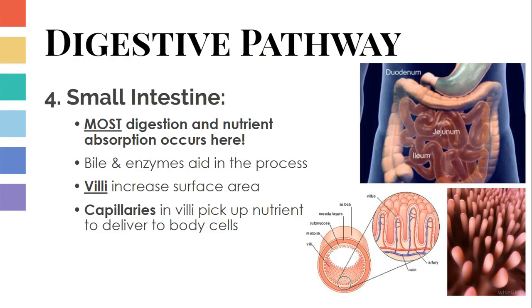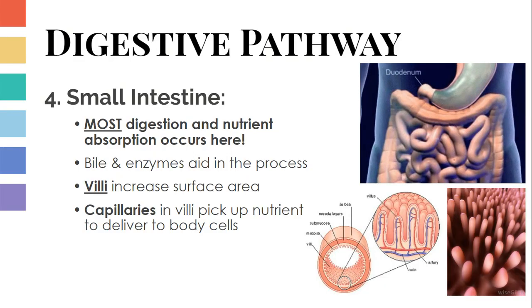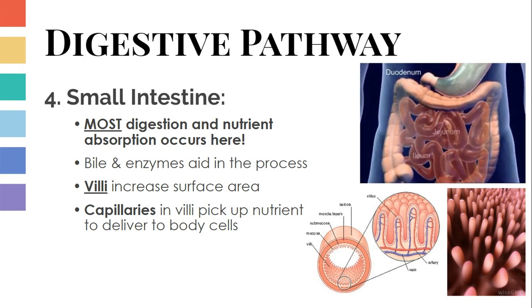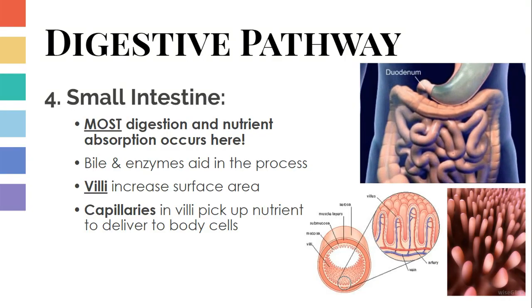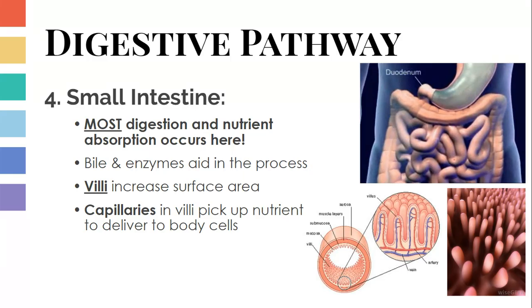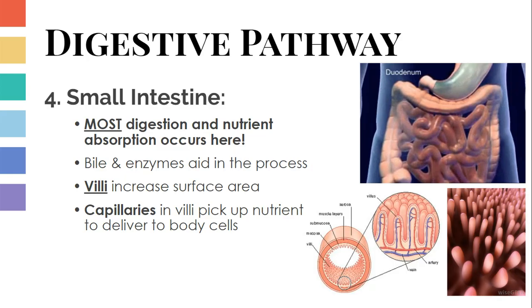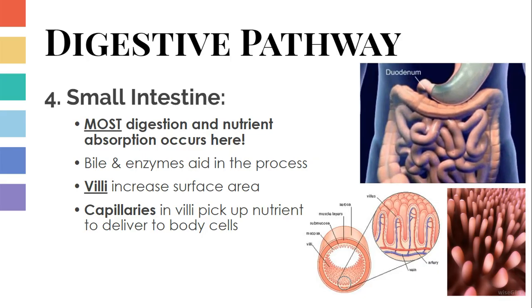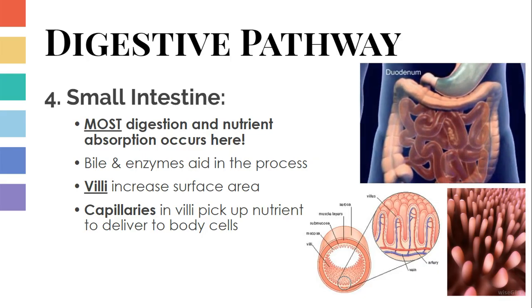All of your food nutrients that are being broken down into smaller and smaller molecules are able to pass through the cells of the villi and into the capillaries found within those villi. So this is the big part of your digestive pathway that people don't really think about too often. This small intestine is really a vital organ to help get those nutrients into your bloodstream to be distributed to the rest of your body.